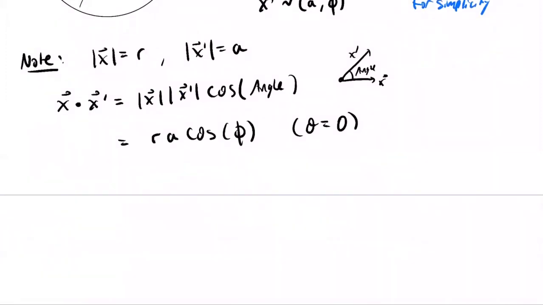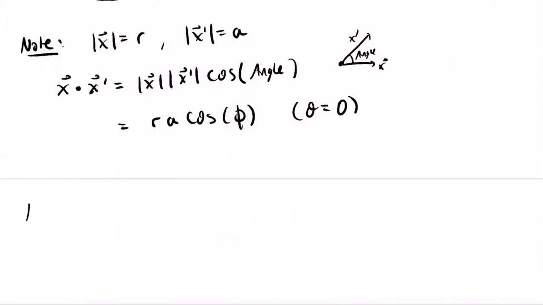In particular, we'll notice that if we look not at the dot product of x and x prime, but rather at the difference of these two vectors, and take the length of their difference squared, this is equal to the dot product of the difference with itself.